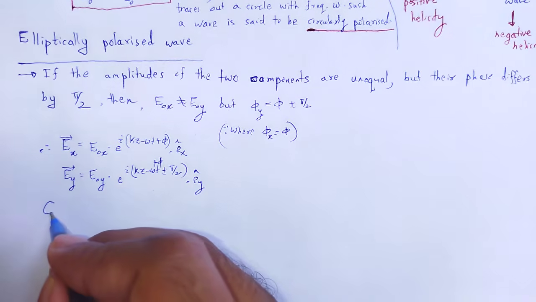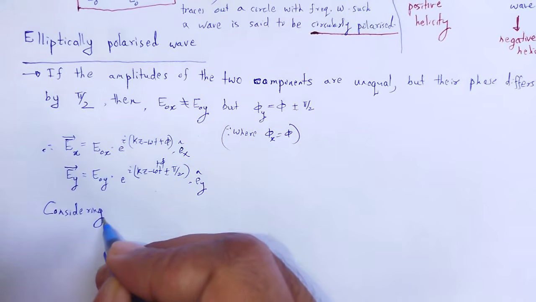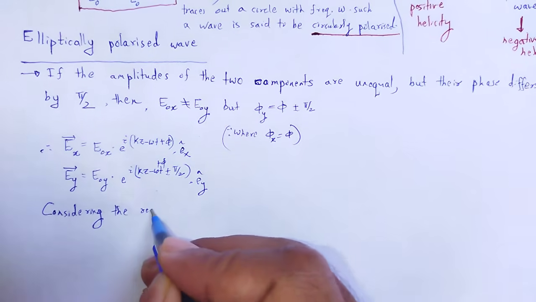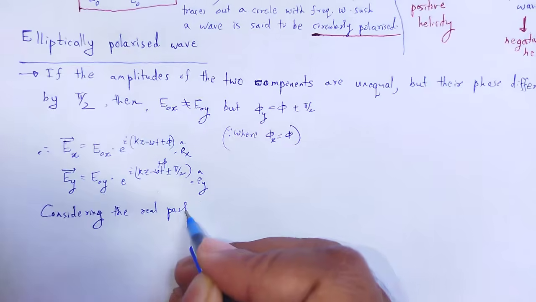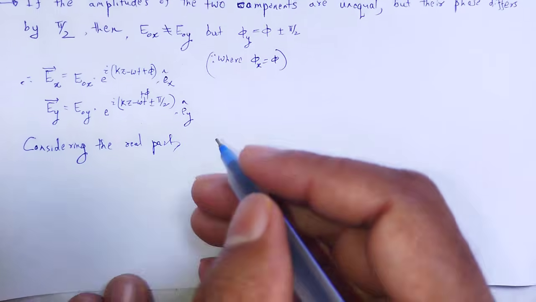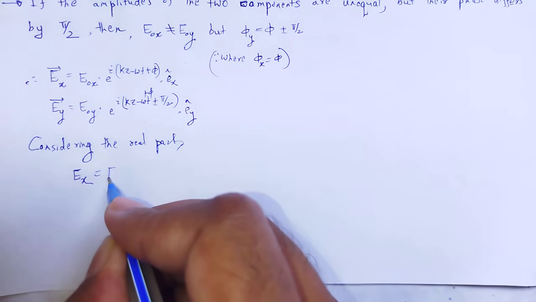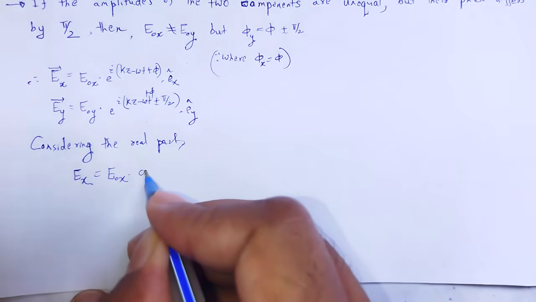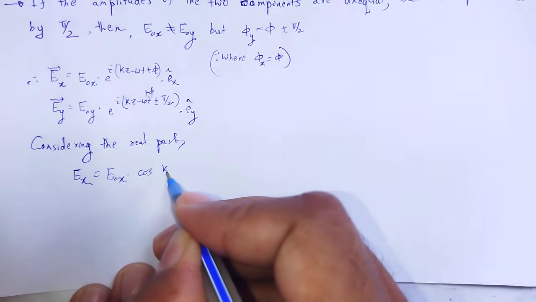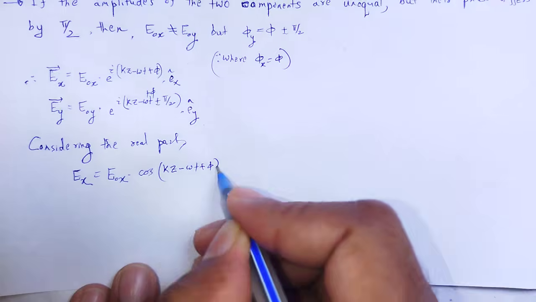Now considering the real part, in the previous manner we take the real part. So Ex is equal to Eox cos(kz minus omega t plus phi).